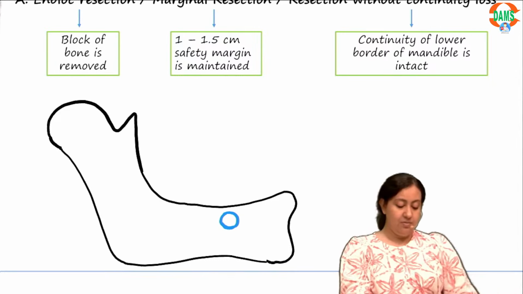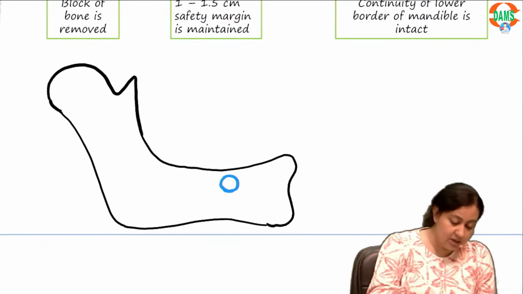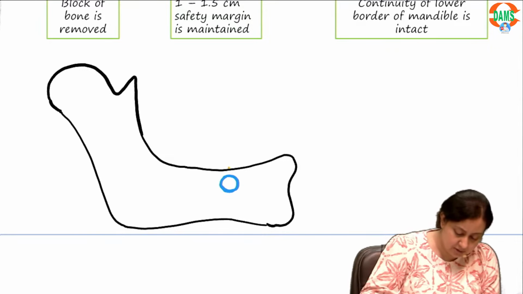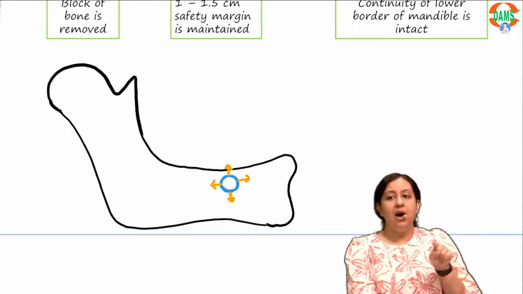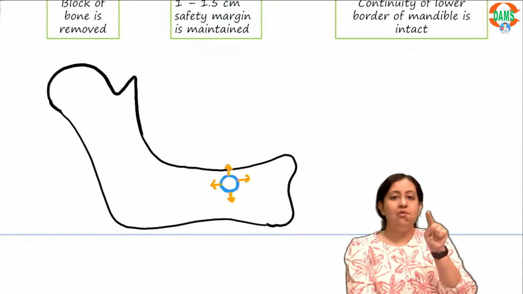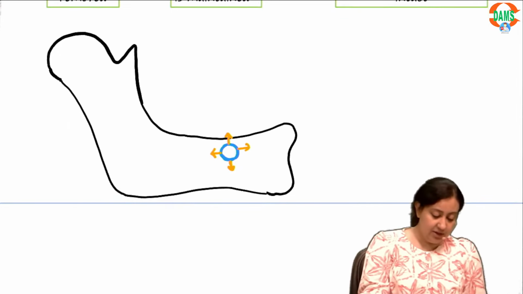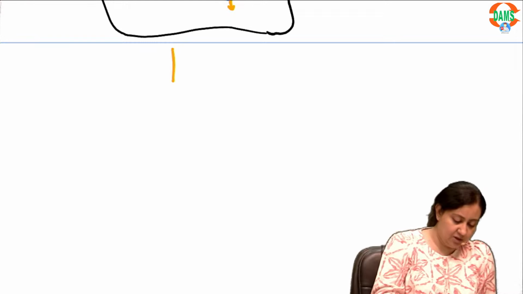What I've drawn in blue is the pathology. Now we will take 1 to 1.5 centimeter margins all around. So you will remove 1.5 centimeter of bone all around this pathology. Fine. Now when you are removing this, go to the diagram on the next page.